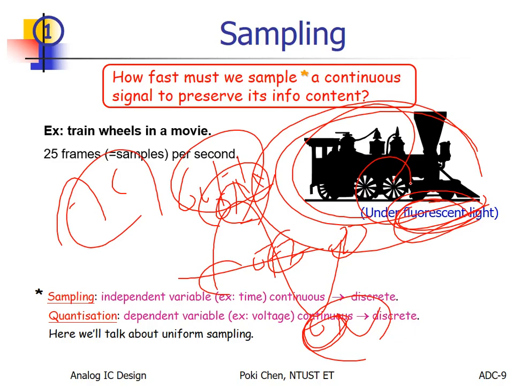After speeding up, finally you will see the wheels rolling back. But the train doesn't go back. It becomes faster and faster and faster.